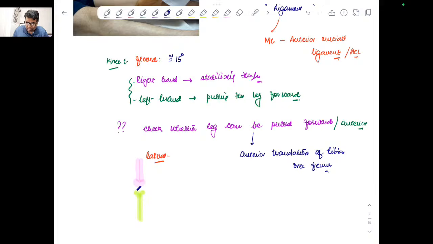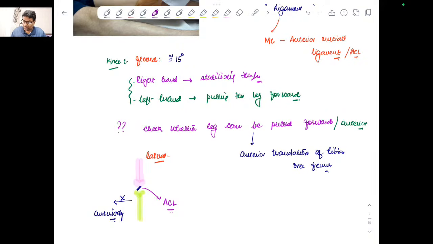There is one ligament which does not allow the tibia to go anteriorly over the femur, and this ligament is known as ACL. Right? This ligament is anterior cruciate ligament.